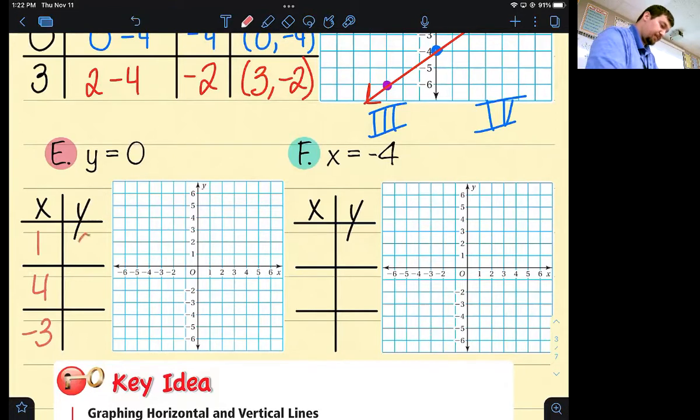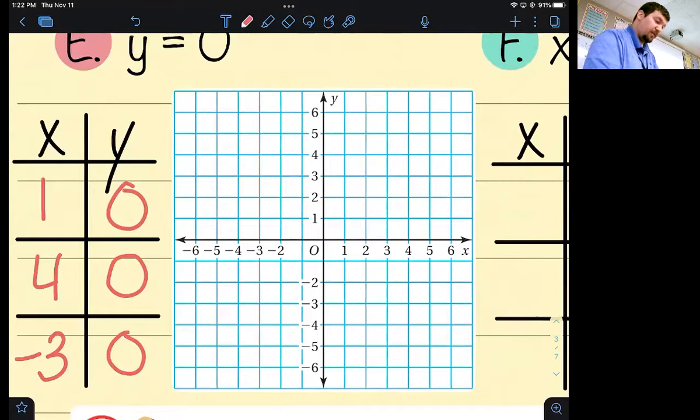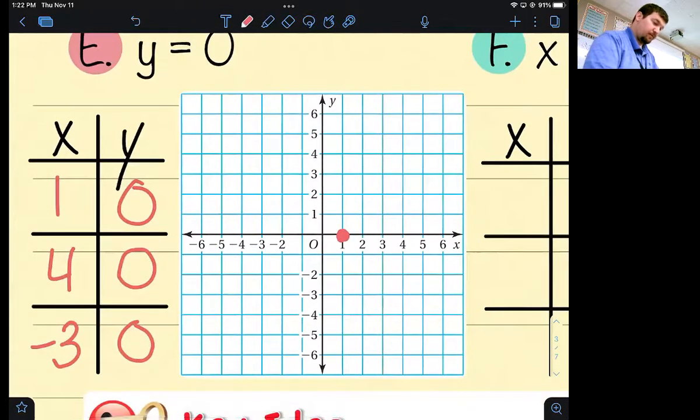Always 0. Y equals 0 means y is always equal to 0. So let's say I wanted to plot the point 1, 0. 1, 0 is going to be on the x-axis because I didn't go up or down any, because the y coordinate was 0. 4, 0, right there. -3, 0, right there.